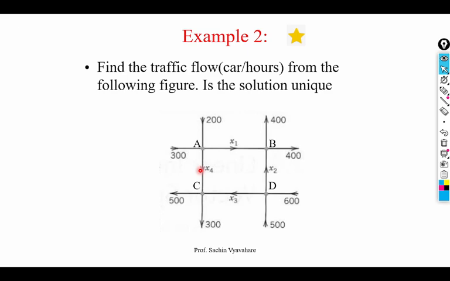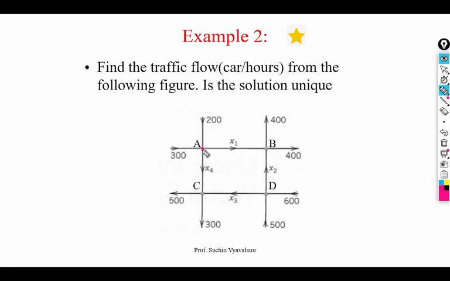We have to find out the number of vehicles present at these positions, and that also we can find out by the system of equations. So the most important thing is to formulate the equations, and there is a very simple rule. At any node, the number of vehicles coming towards that point is equal to the number going away from that point.